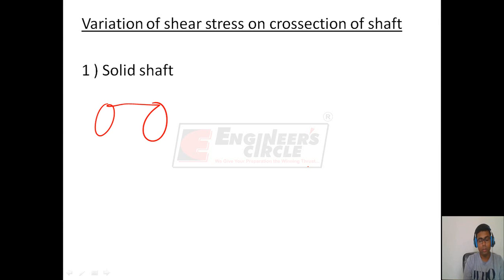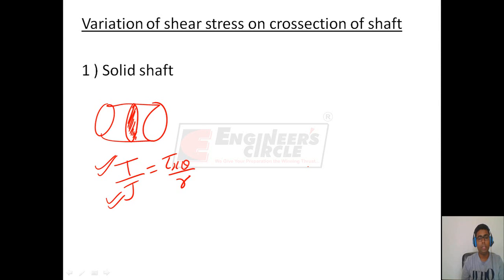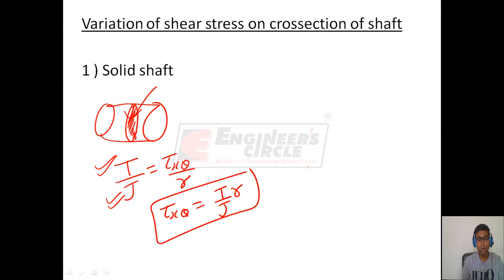We have seen that the equation of torsion is T by J is equal to tau by R. So if we consider any cross section, for example this cross section, let the twisting moment on this cross section be T, its polar moment of area be J. Therefore, we can write the variation of shear stresses on this cross section with respect to R as T by J into R. So it can be seen that on a cross section, shear stress tau is varying linearly with R. So if we draw this variation, then shear stress tau is 0 when R is 0.